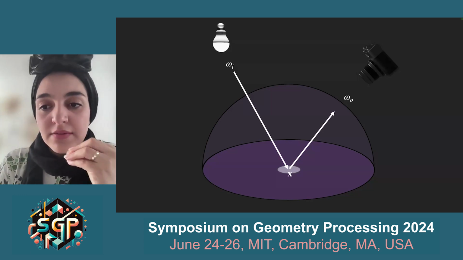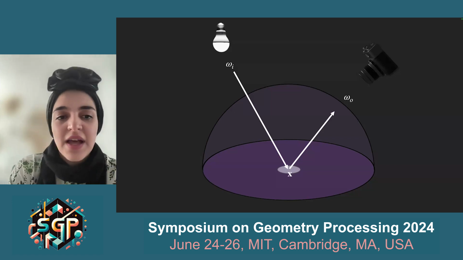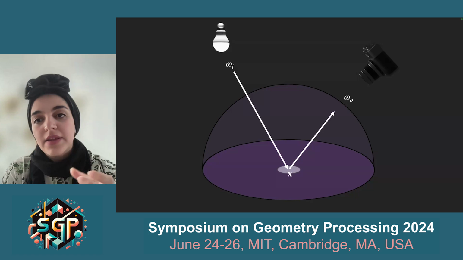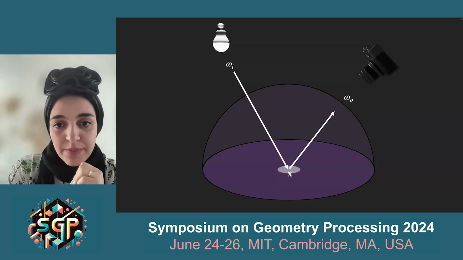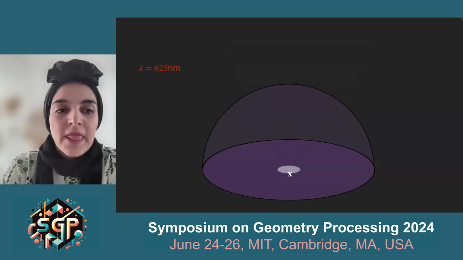Here I'm using the magnitude of omega O to represent the output of the BRDF. So it's basically the length of the vector as a proportion of the incoming light vector, okay?